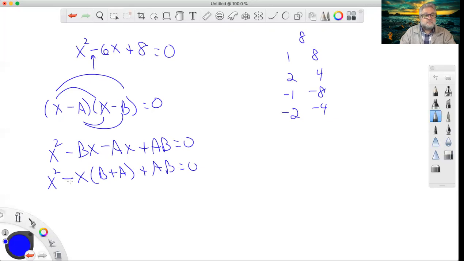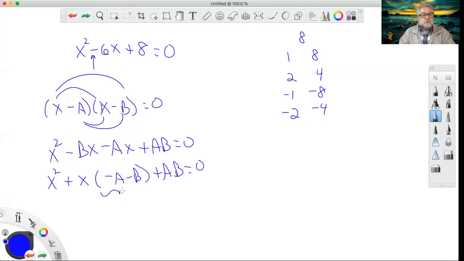So I'm going to put the plus x here, and I'm going to write this as minus a minus b. So minus a minus b, that's this number here plus that number combined to give me this number here.